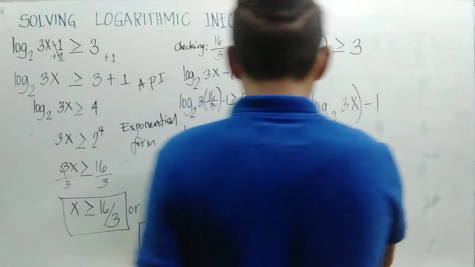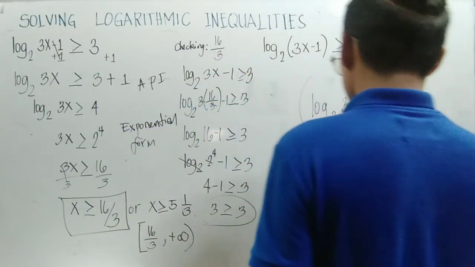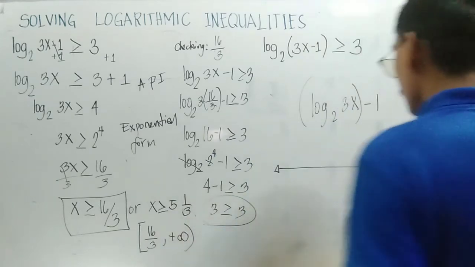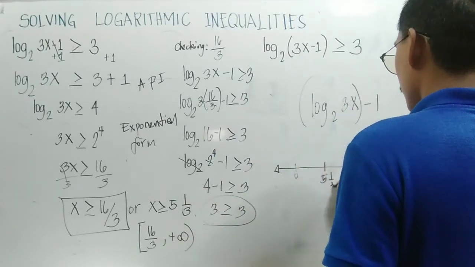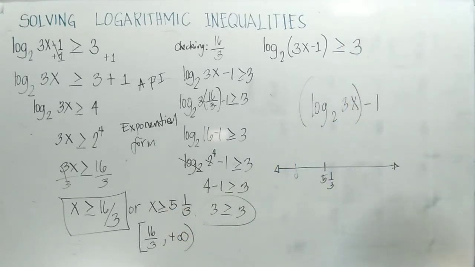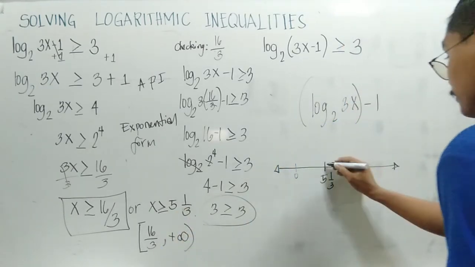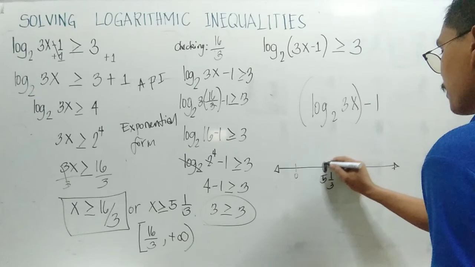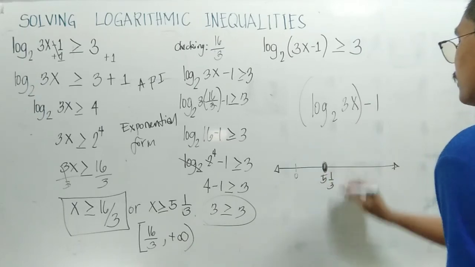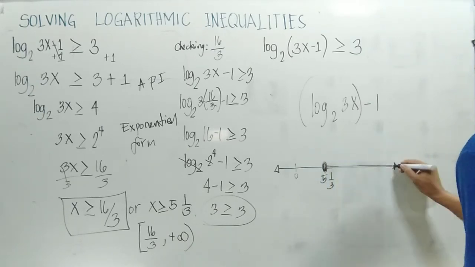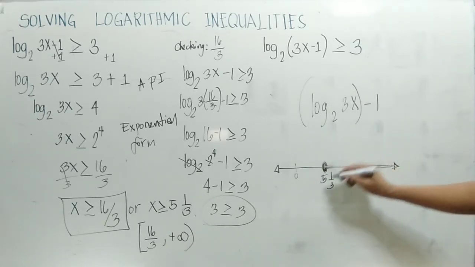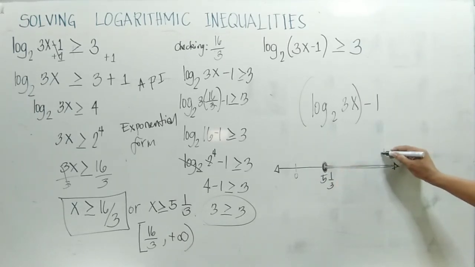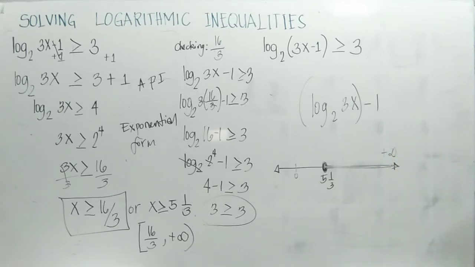In a number line, we can illustrate this as, assuming 16 over 3 is here, as 16 over 3 is close to 5 1/3. It should be a solid circle, denoting that it is part of your solution set. So from 5 1/3 until positive infinity.